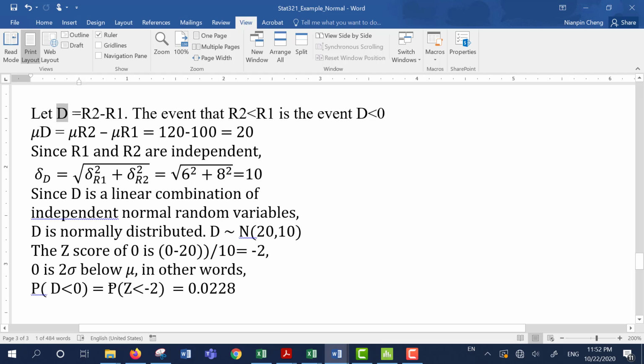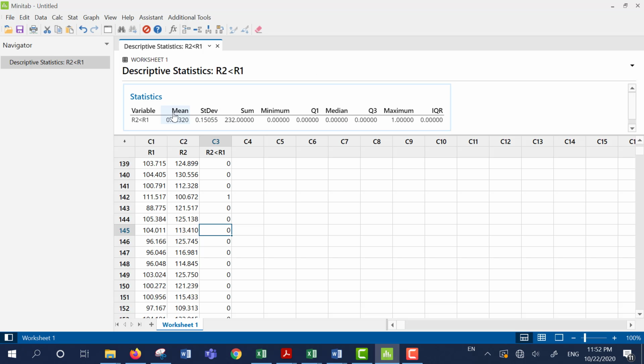We found the probability is 0.0228. And our simulation estimates the probability at 0.0232. So it's very close, not exactly, but very close. So this is how we use a simulation to estimate a probability.